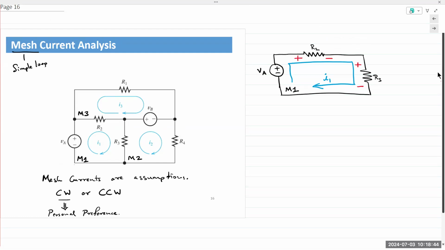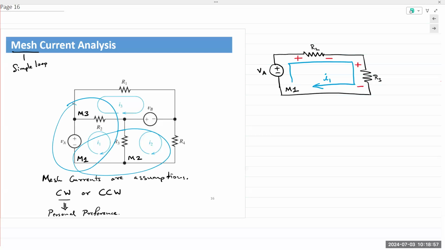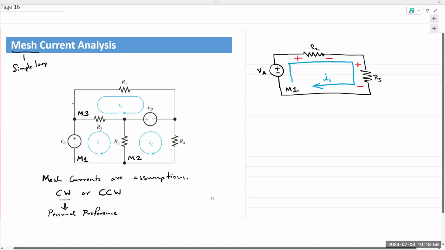And as you can see in the figure, R2 is shared between M1 and M3, right? And R3 is shared between M1 and M2. And if it is a shared branch, then you have shared currents.